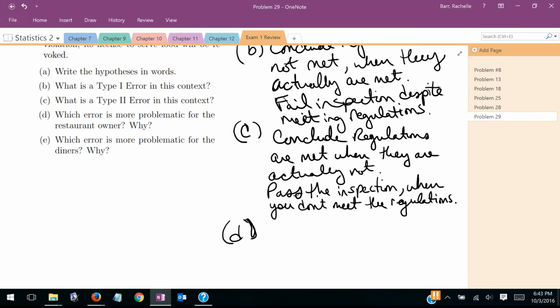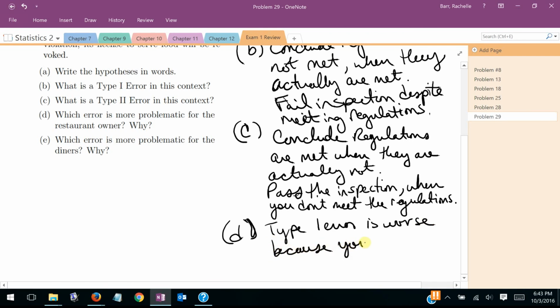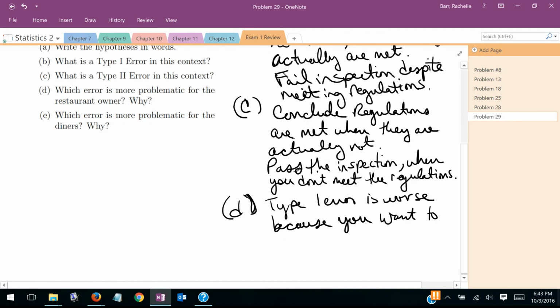So for you, the type 1 error would be worse, because you want to stay open and keep your restaurant.